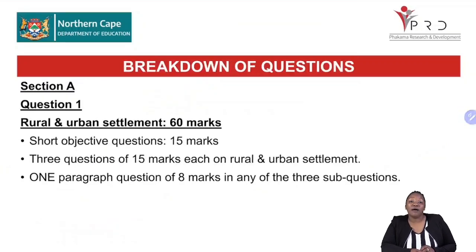Then to further break down the questions, in your question 1, you will have your rural and urban settlement. The questions will come as figures: figure 1.1, 1.2, 1.3, 1.4, as well as figure 1.5. You will have your short objective questions in figure 1.1 as well as figure 1.2.